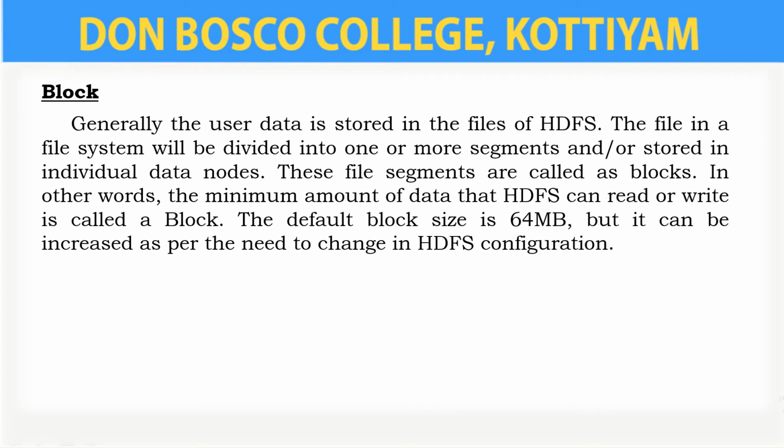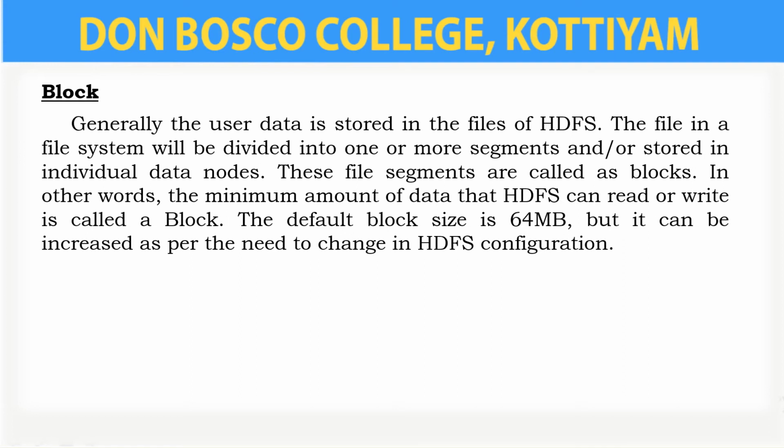Blocks are the smallest continuous location on the hard drive where data is stored. Generally, the user data is stored in the files of HDFS. The file in a file system will be divided into one or more segments and stored in individual data nodes.